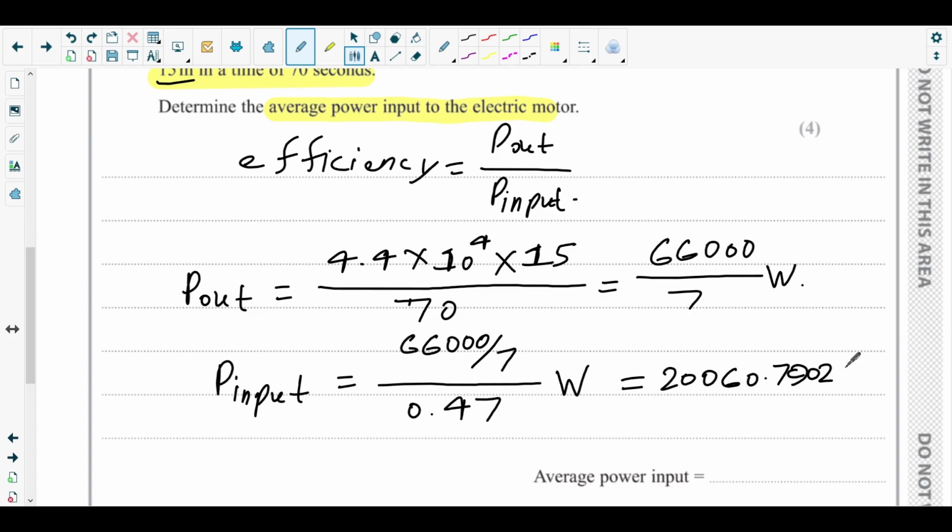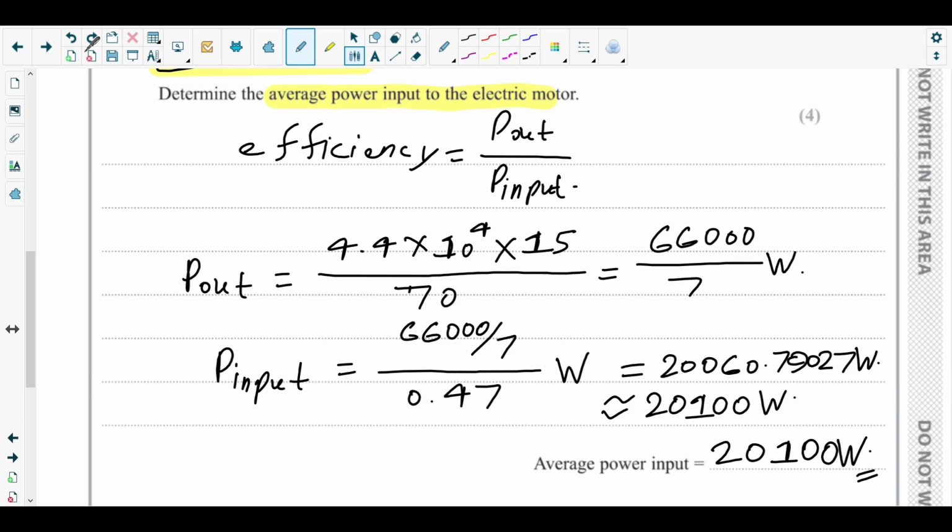To three significant figures we can write it as 20,100 watt. So the average power input is 20,100 watt. That's the answer for question number 19, part A.